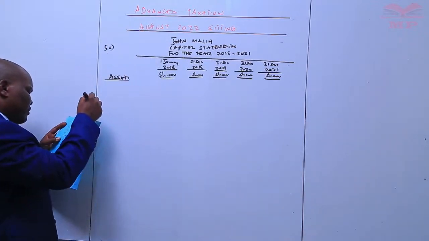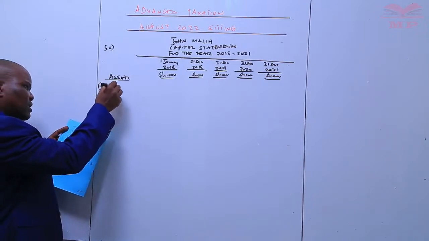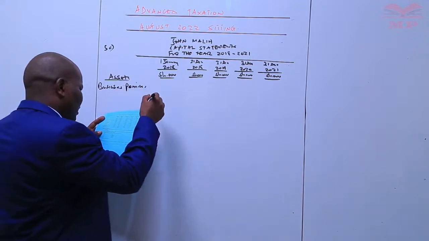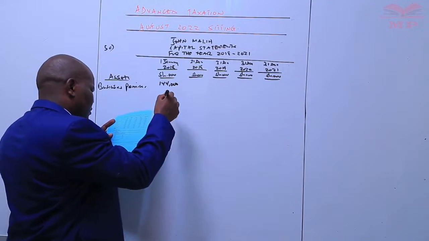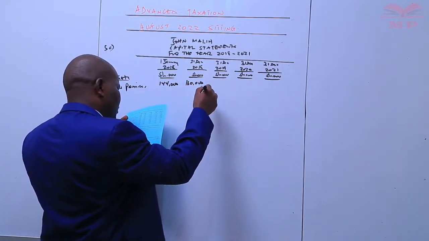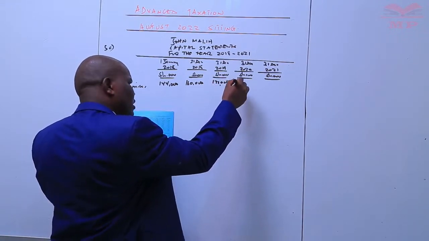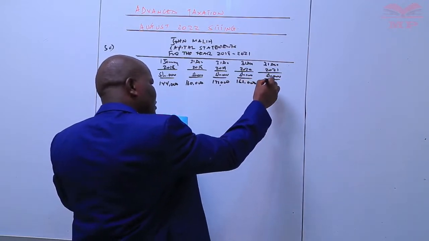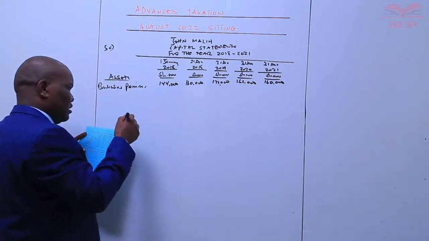So when we have business premises, that is an asset, business premises, 2018 January, 144 million, 160, 172, 152, and 160 million. 2, we have plant and machinery.